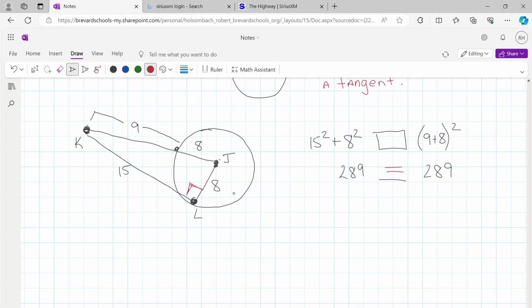And if that angle is 90, then KL is tangent to circle J. We're taking the triangle that we either have to form on our own or that's given to us. We're determining whether it's a right triangle. If it's a right triangle, then the line is a tangent to the circle. If it's not a right triangle, then the line is not a tangent to the circle.